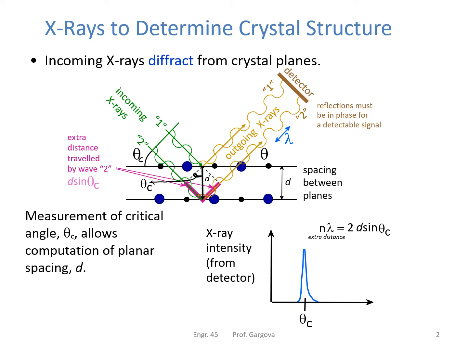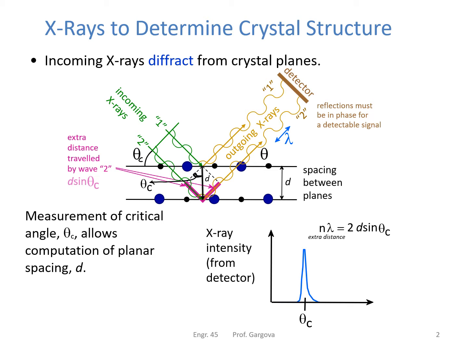Now, in order to consider the entire extra distance that the wavelength travels, not only as it's hitting your sample but as it's being reflected, we take into account this other equation, which is n lambda equals 2d sine theta c.